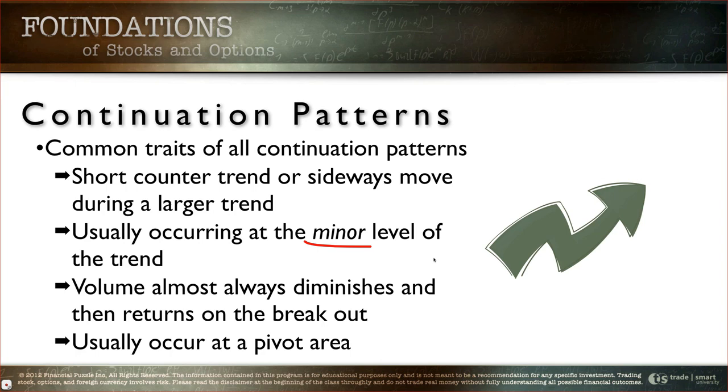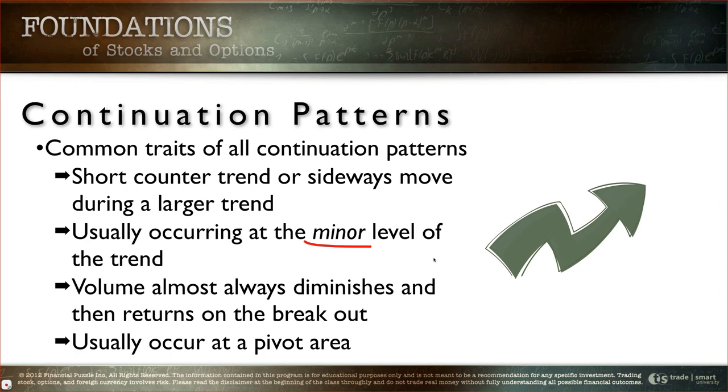Just out of curiosity, what level of the trend do you think most of the consolidation and reversal patterns that we looked at in the last class would be occurring at? Any ideas? Where do you think those larger patterns would be occurring? Which particular level? Primary, intermediate, or minor? Some of you are writing in primary. Most of you are saying intermediate, and you're absolutely correct. They're really intermediate level trend reversals.